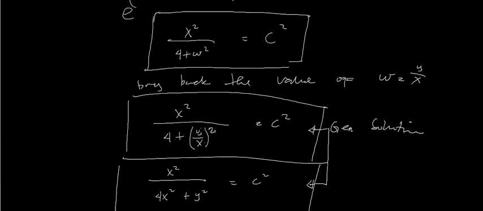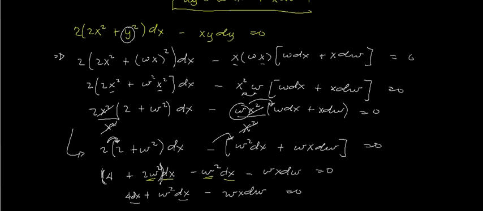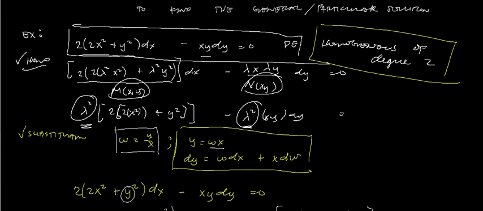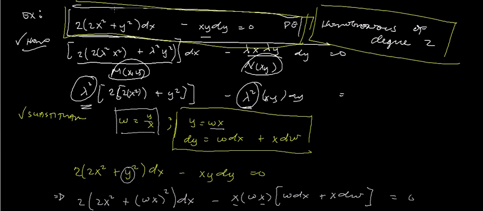Okay, but the main point here is that if we have an equation that is not separable, then we may try to see if we can use the homogeneous equation. By doing that, we check if the given equation is homogeneous by substituting lambda.